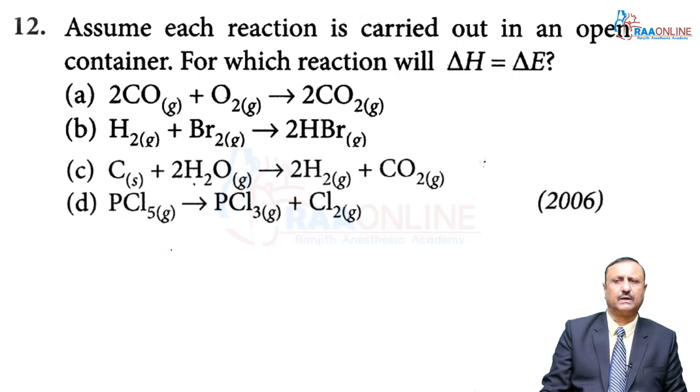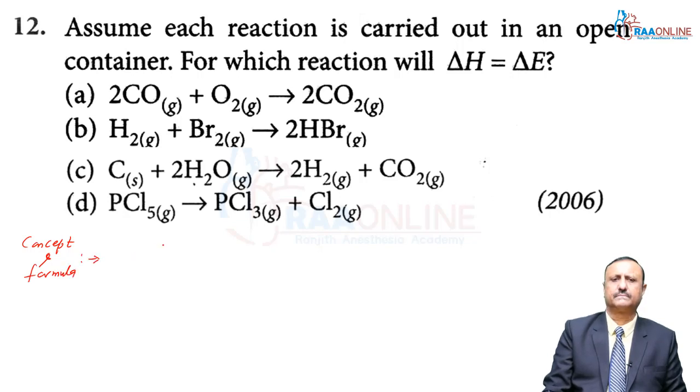Assume each reaction is carried out in an open container, for which reaction will delta H be equal to delta E? Here, my dear students, this question is asked in 2006, and what is the concept of this question? Concept and formulas.